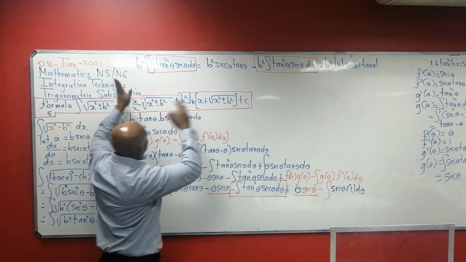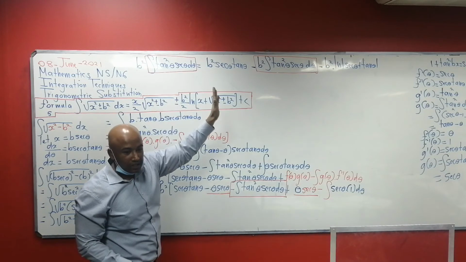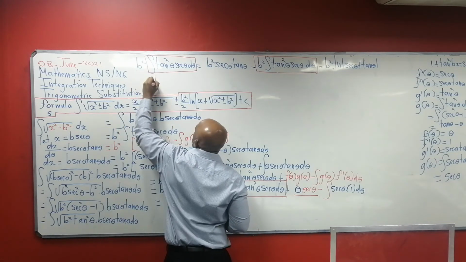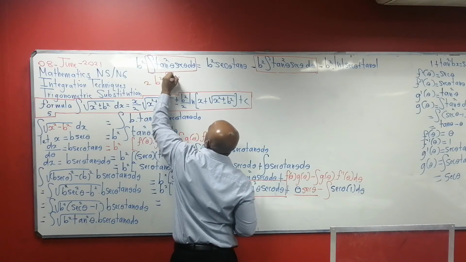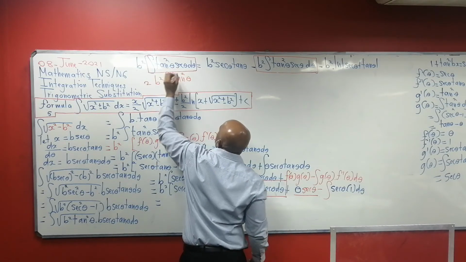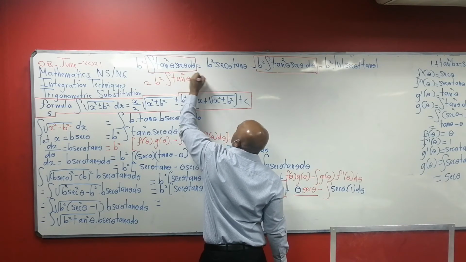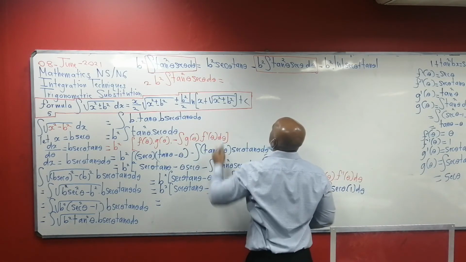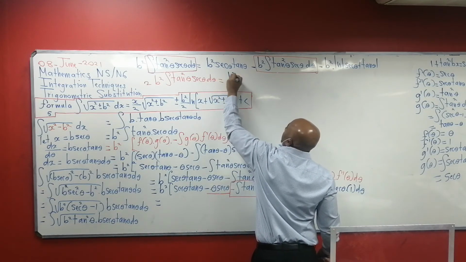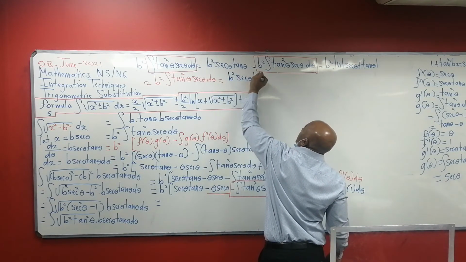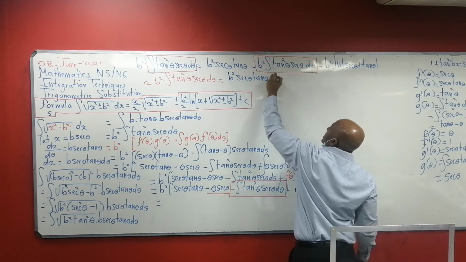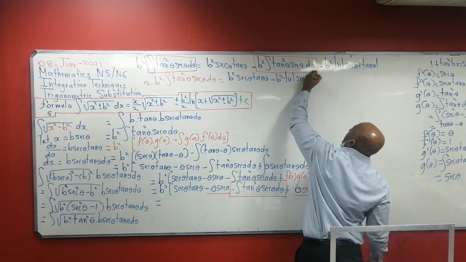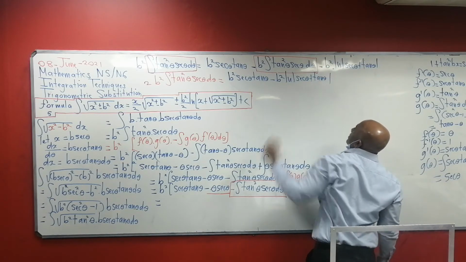So if I take it to the left, it's going to be b squared k plus b squared k, which is 2b squared k. So basically I'm going to have 2b squared times the integral of tan squared theta times sec theta d theta is equal to what we have here, which is b squared sec theta tan theta minus b squared ln sec theta plus tan theta.